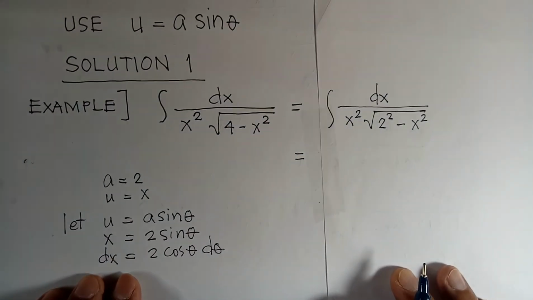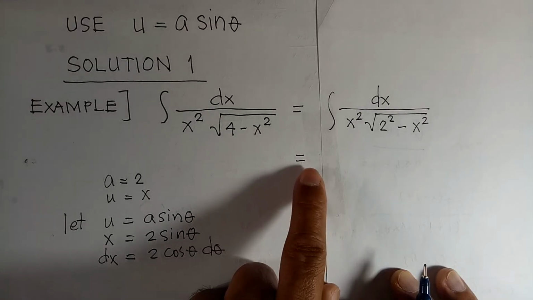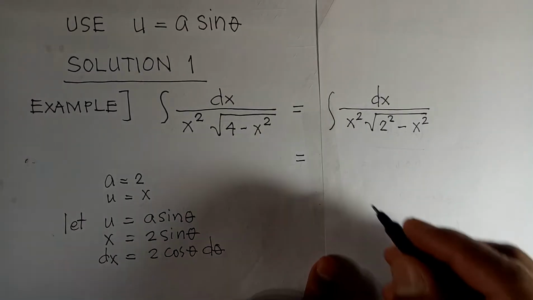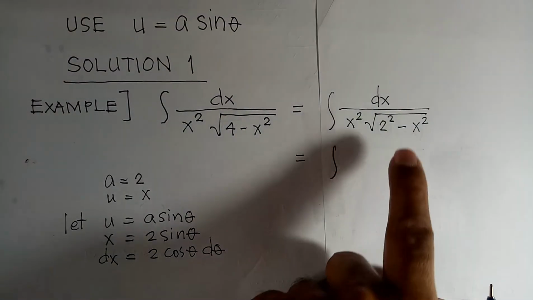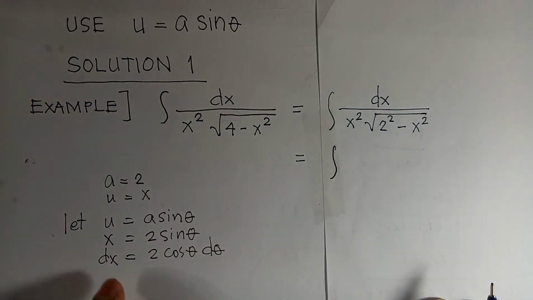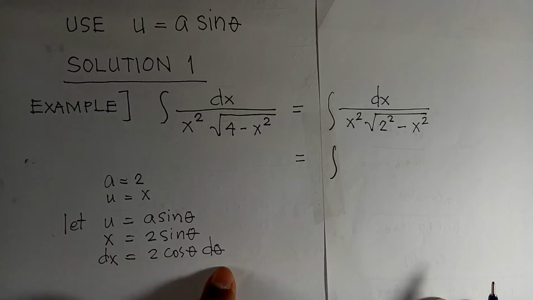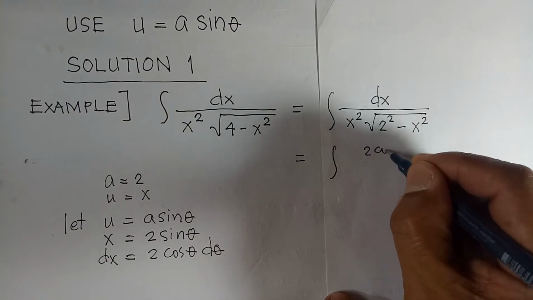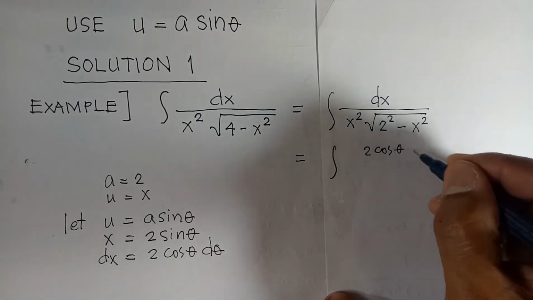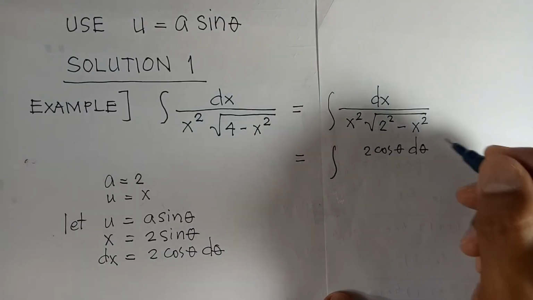Gagamit na tayo ng substitution. So we have the integral sign. So drawing natin yung integral sign. And then we have the dx. So yung dx equals sa 2 cosine theta d theta. So papalitan natin yun ng 2 cosine theta d theta.